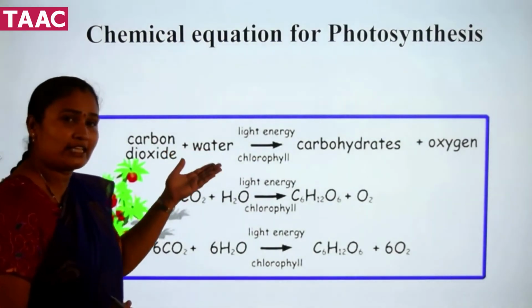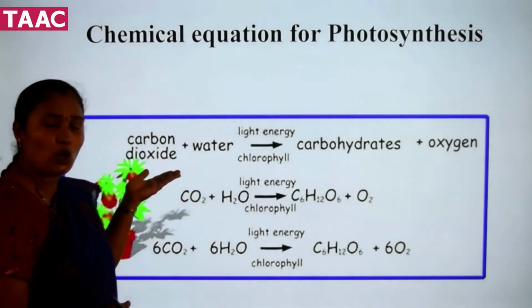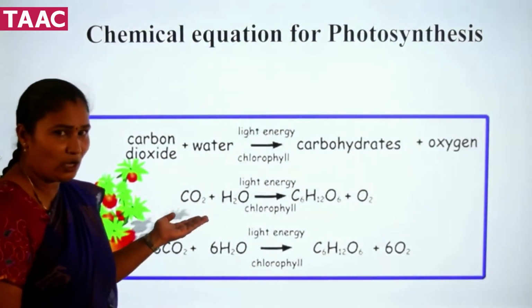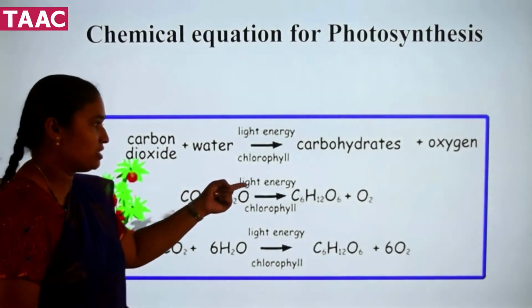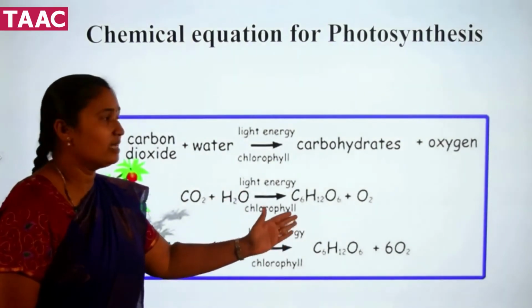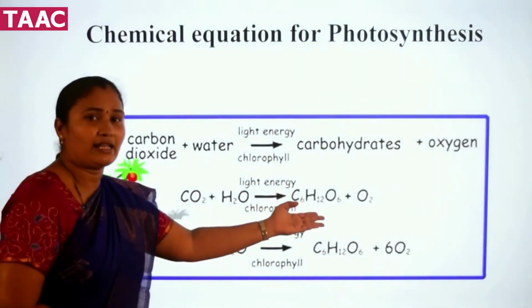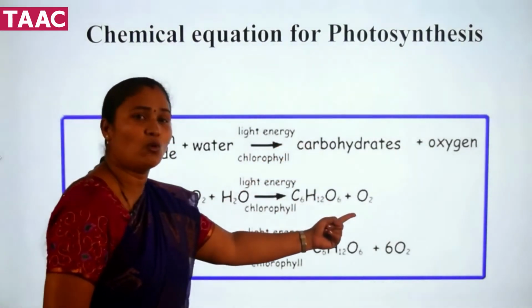It can be expressed as a chemical formula. In short, carbon dioxide is represented as CO2, and water as H2O. In the presence of light energy and chlorophyll, it produces carbohydrate, the formula of which is C6H12O6, plus oxygen, that is O2.